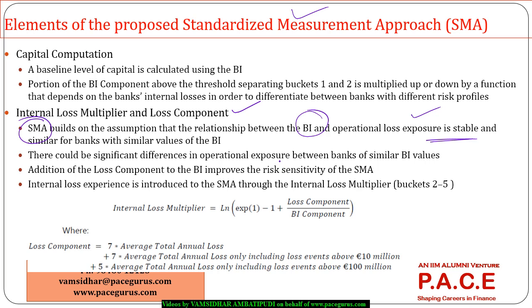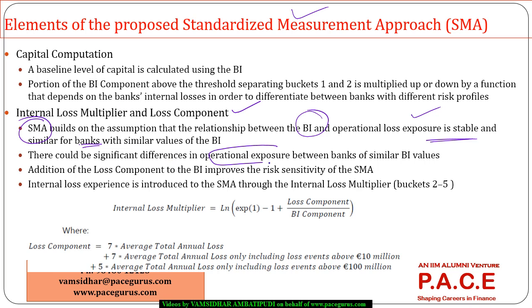So from the business indicator, we can compute the operational loss exposure value. From there, you could also make a clear-cut interpretation that banks which are similar in terms of BI, the capital requirements also will be similar for them.